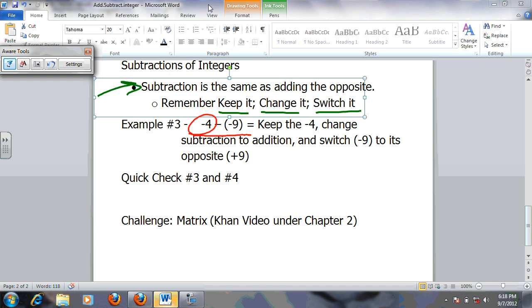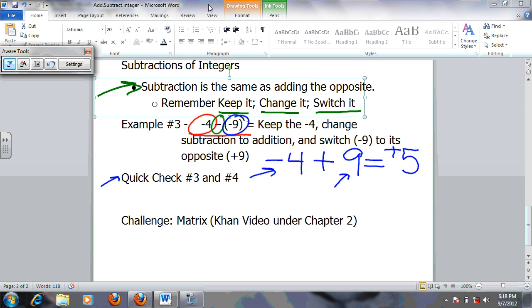We will change the subtraction to addition and switch the sign of -9 to +9. Therefore, it becomes -4 plus 9. And going back to the last video of adding integers, signs are different. So we subtract and get 5. We keep the sign of the bigger number, which is 9, so it's +5.